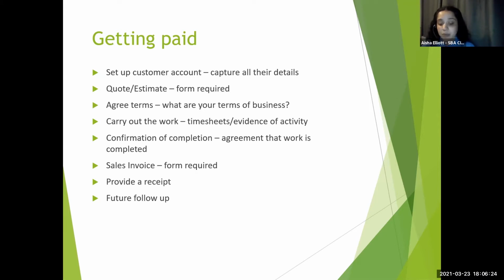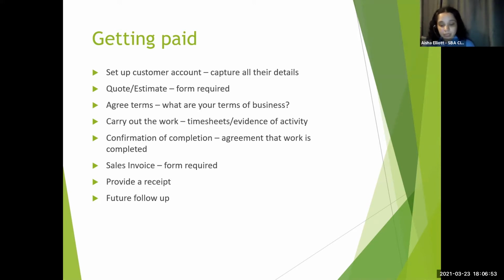Providing a customer with an estimate or quote, agreeing the terms of business. So make it clear how and when payment is to be expected. Carrying out the work, so being able to show that you have completed the work. Confirm that the transaction has been completed, so both you and your client agree that you have completed the work.